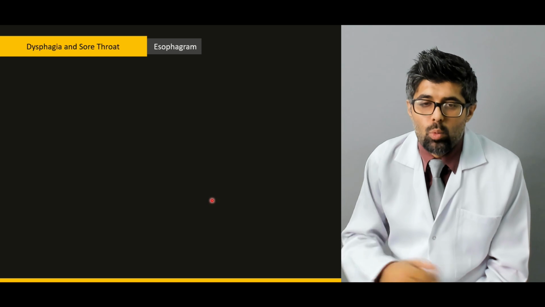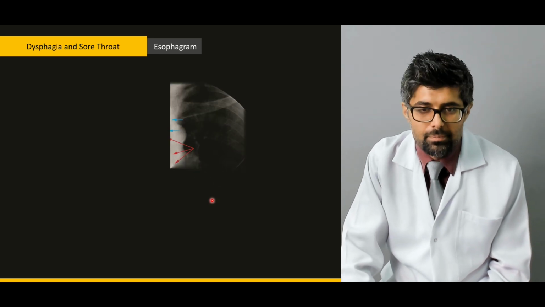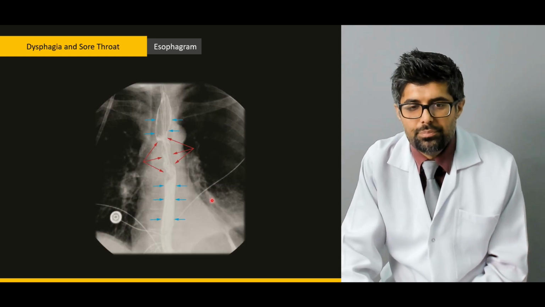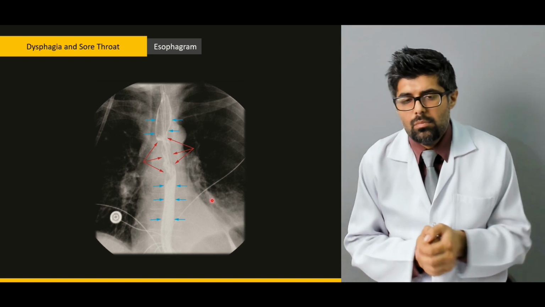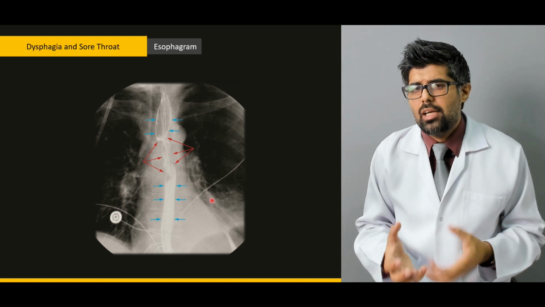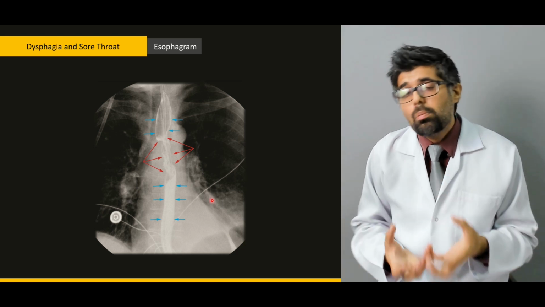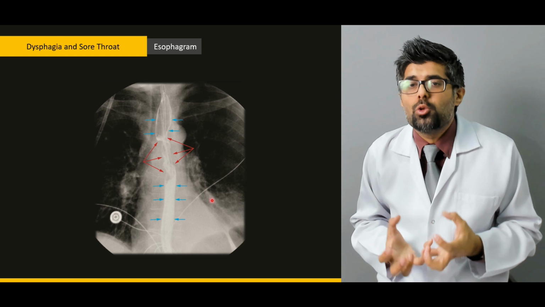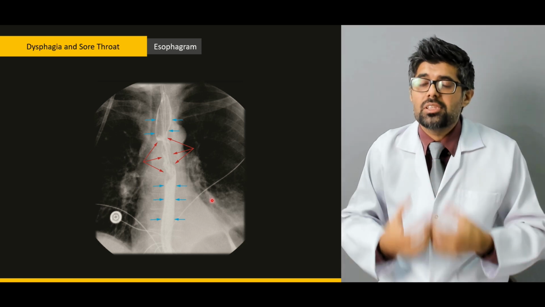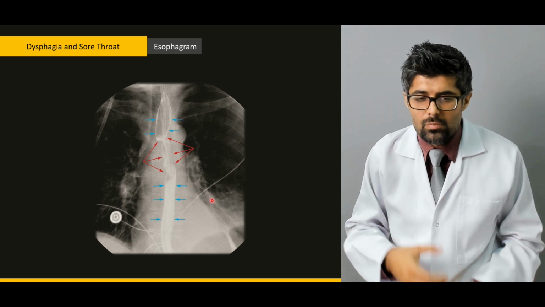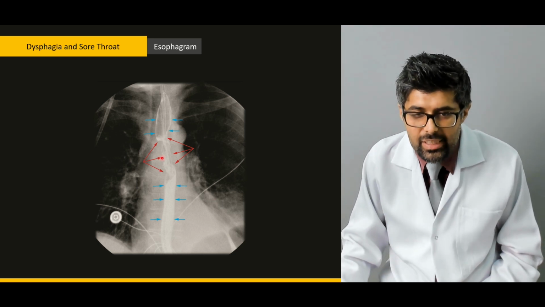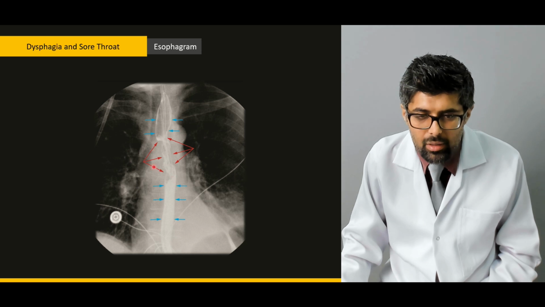Okay. Now what is an esophagram? When the patient drinks barium, all sorts of stuff can happen. The normal study will show a normal peristaltic movement like a gulp. But here you can see that is not happening.